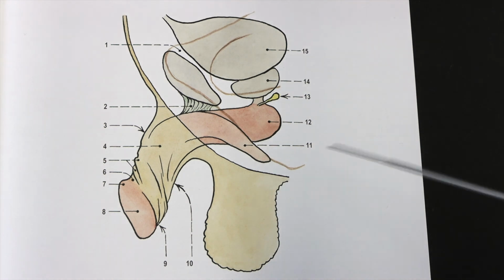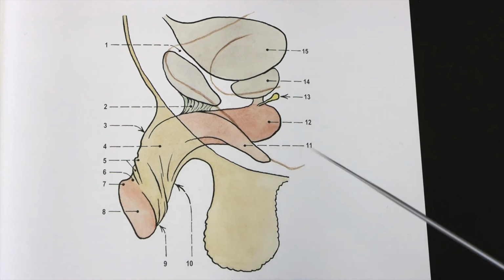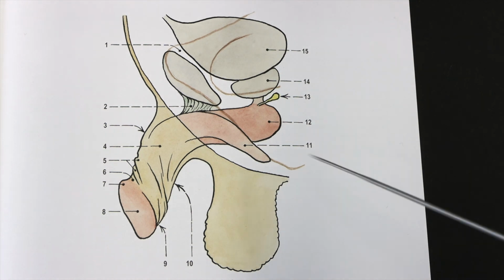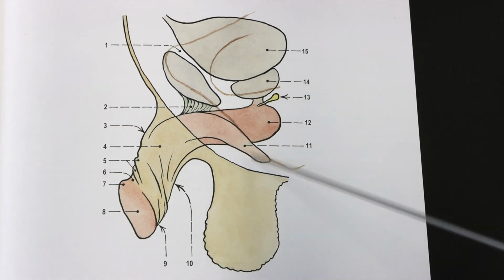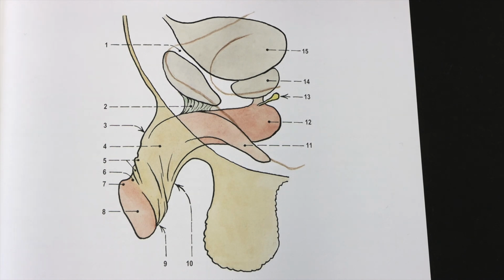And the last part of the genital organs belongs to the external genital organs. One external genital organ was the scrotum, which we already discussed, and another part of the external genital organs is the penis. The penis has several parts. This part that is paired is called the root of the penis, or the radix of the penis, which is composed of the crura of the penis.